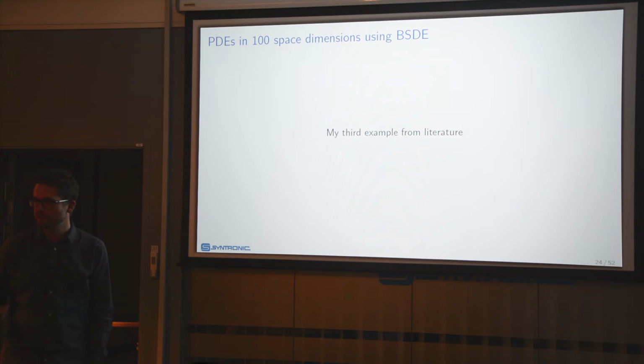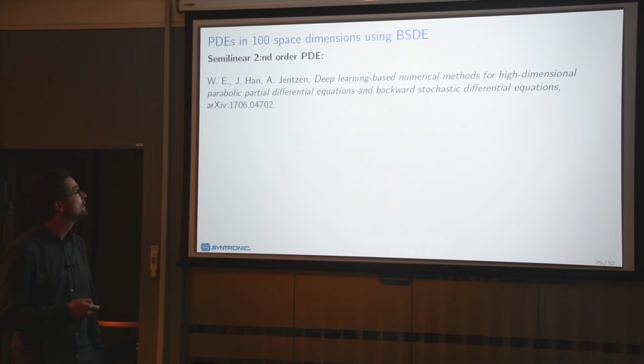Okay, so my third example, which essentially will be presented in the second part of the talk, is based on this paper. So they solved PDEs in 100 space dimensions using backward stochastic differential equations.